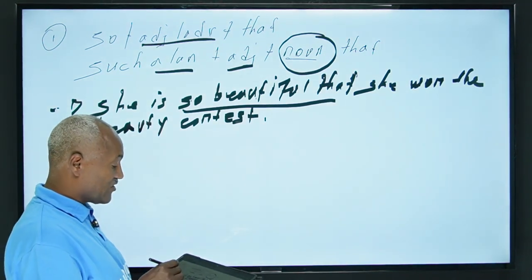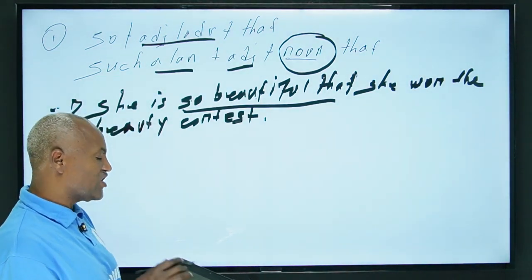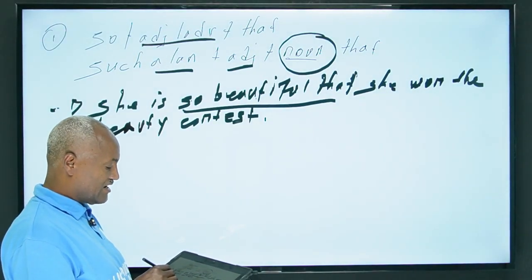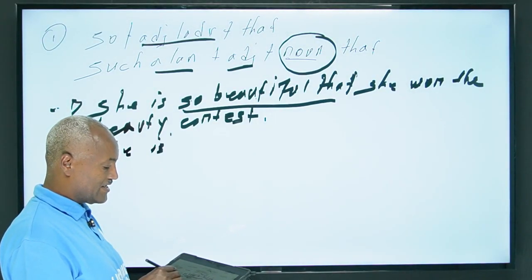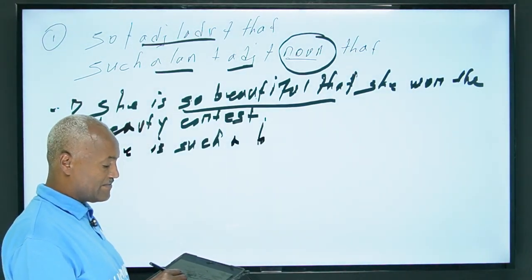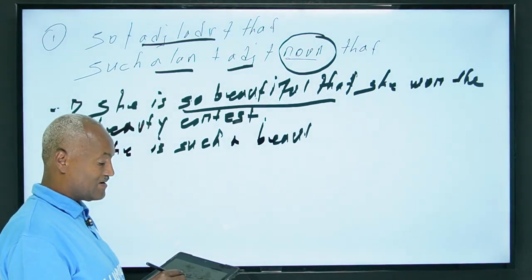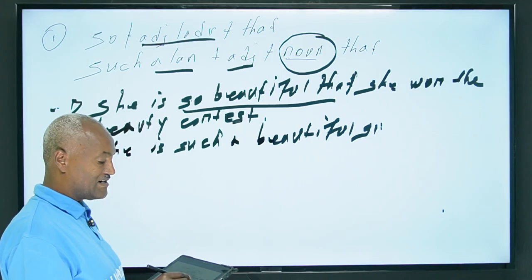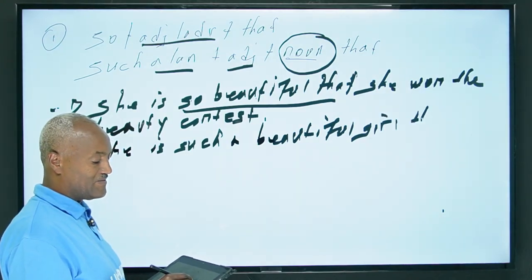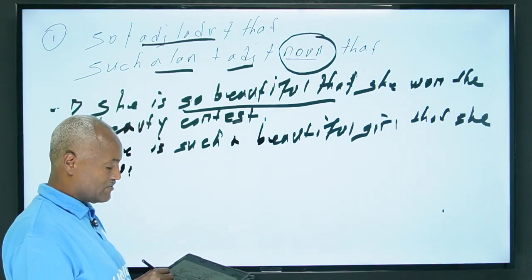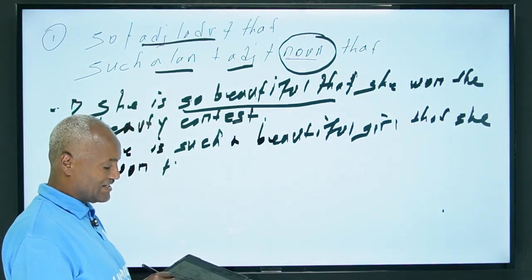But for this one, with the same intention, when we write, we say, for instance: she is such a beautiful girl that she won the beauty contest.